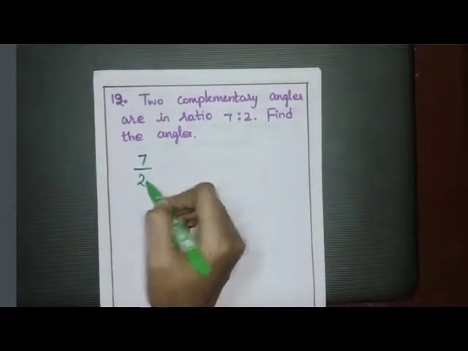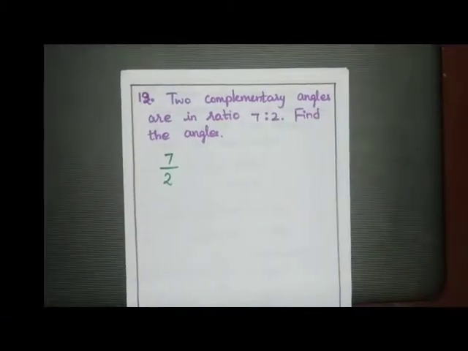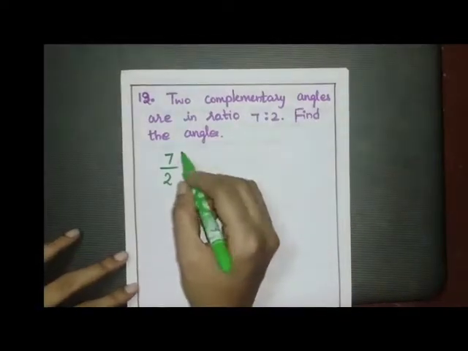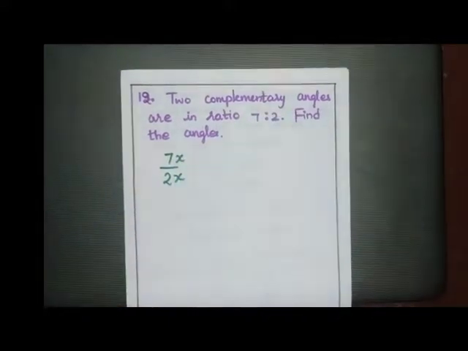Ratio is nothing but comparison of two quantities, so I can write this as a fraction. Also, ratio is expressing one quantity in terms of the other, that is, a multiple of the other. So I can write this as 7x and 2x.